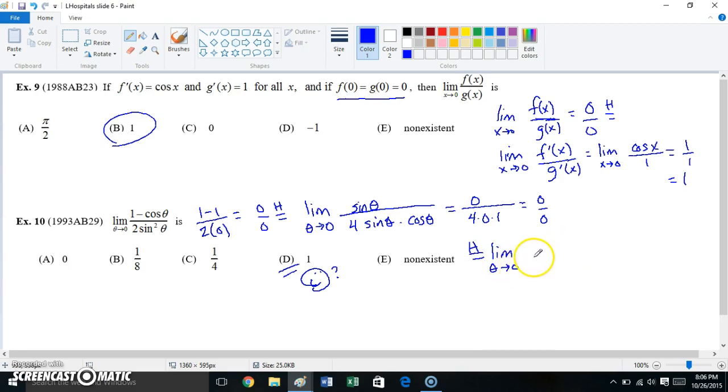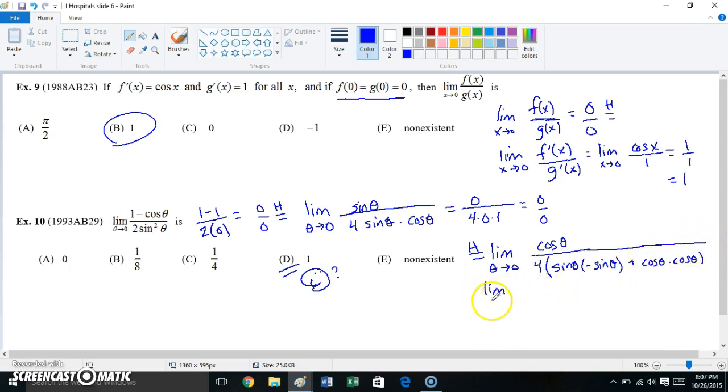So the derivative of sine is cosine. The derivative of 4 sine theta cosine theta, I'm just going to pull that 4 out and do the sine theta cosine theta product rule. So that'll be sine theta times negative sine theta plus cosine theta times cosine theta.